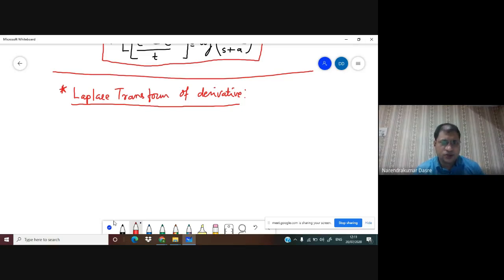So let us suppose the Laplace transform of f of t is f bar of s. Then what will be the Laplace transform of the derivative, f dash of t? This is what we want to find out.